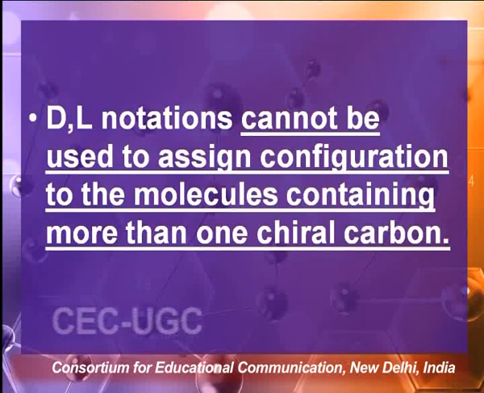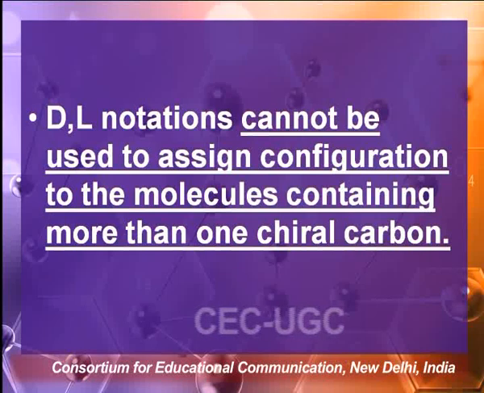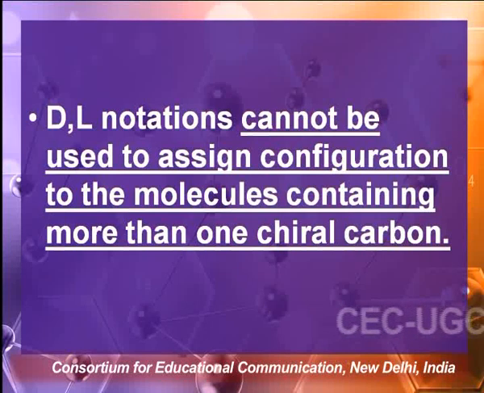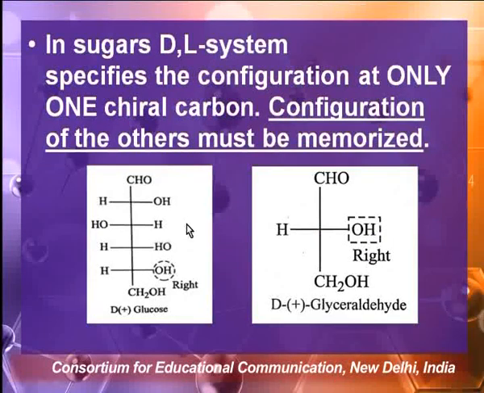So we assign it configuration D. But if the molecule has more than one chiral carbon, then the question will arise: of what carbon am I talking? So I have just scrolled back to tell you that we are talking of this orientation. We are referring to configuration at this chiral carbon. What about this? What about this? What about the configuration of groups at these chiral carbons?